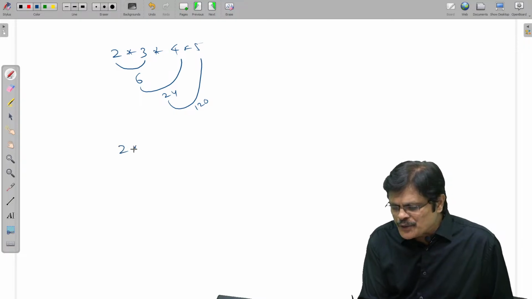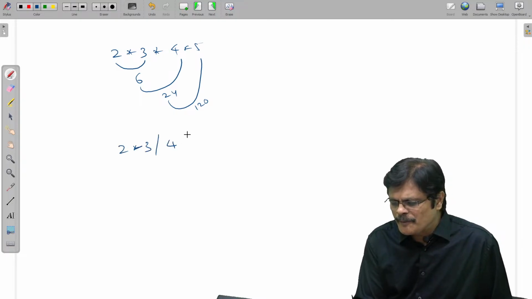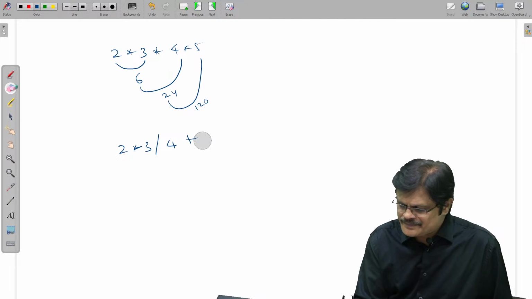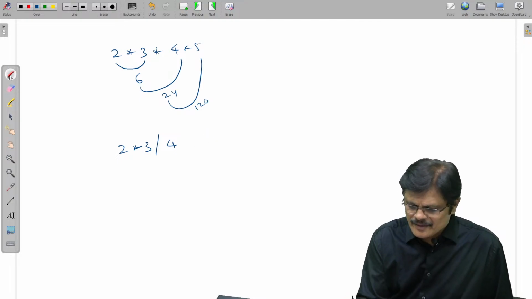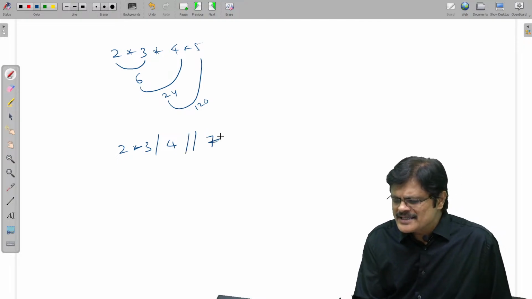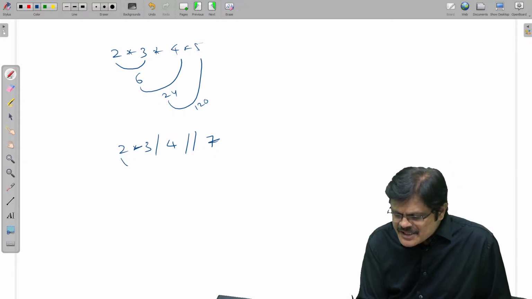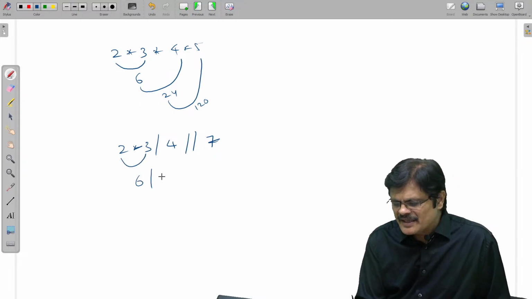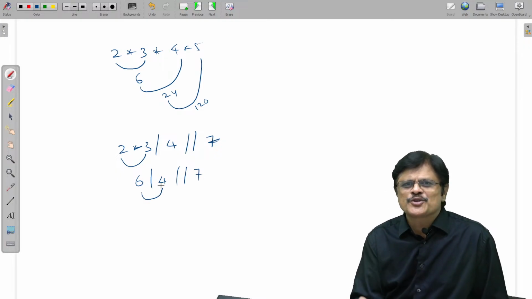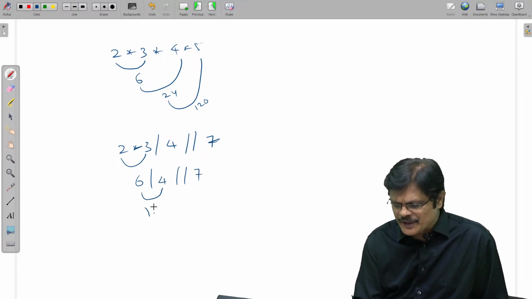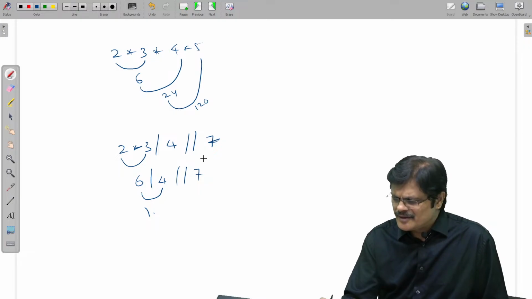Now if you have 2 into 3 by 4 floor division 7, even in this case, first 2 into 3 will be done. Then 6 by 4, which is 1.5.